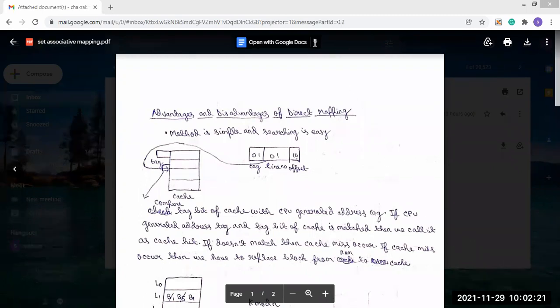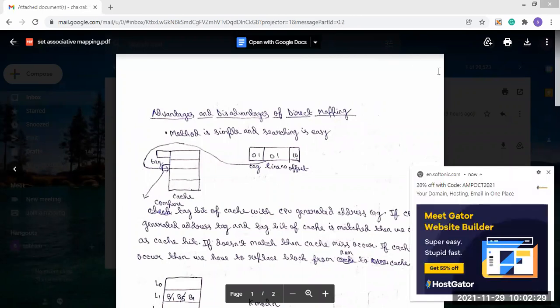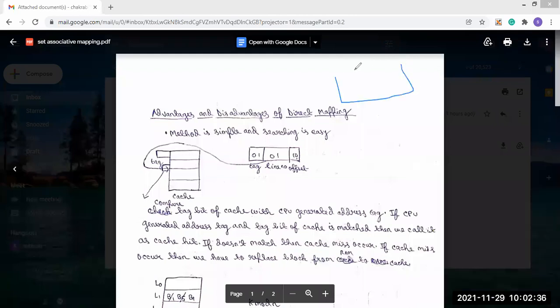We have already seen that in our total physical memory, a physical address is generated, and if it is in the main memory, our physical address is a total of 7 bits.